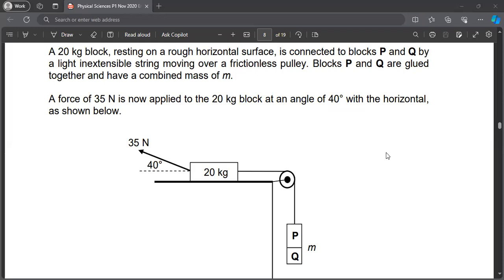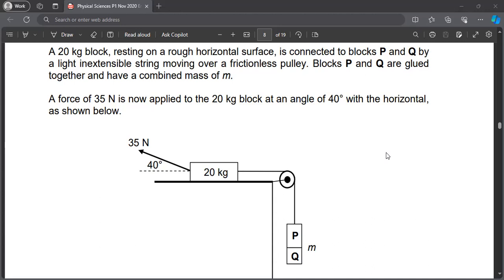Blocks P and Q are glued together and have a combined mass of m. A force of 35 newtons is now applied to the 20 kg block at an angle of 40 degrees with the horizontal as shown below.